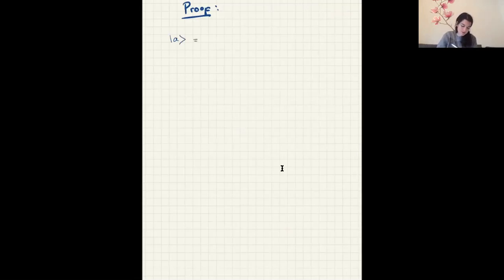So we define A as being this observable that we have before applied to a state psi, which will be the state of our system. Okay, and we do the same for B, delta B applied to the state of our system.